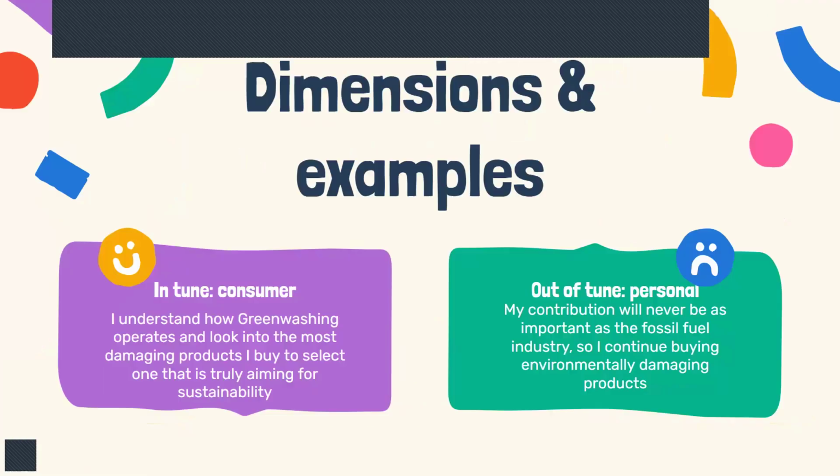And that is why we need to understand how each dimension looks, for instance, for a consumer dimension to be deceitful. So for instance, a consumer dimension that is actually in tune can be seen in someone who understands how greenwashing is operating. And then when they go to HEB, to Walmart, to whatever shopping center that you go to, even if it's not food, you can take a look at all of the products and then you can understand at least a little bit of why some might damage more than the others.